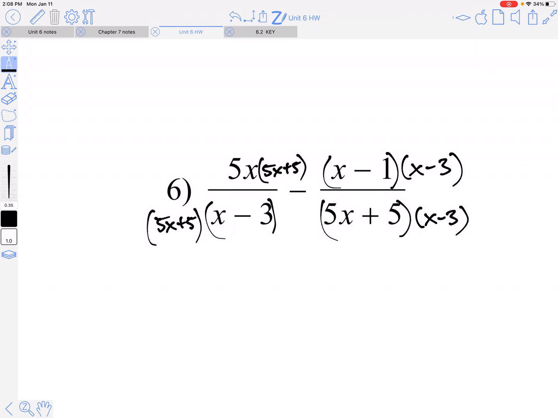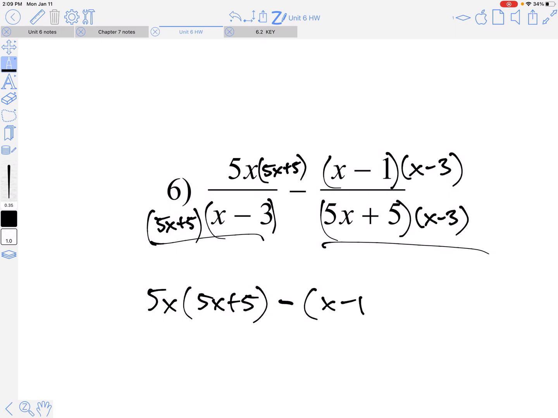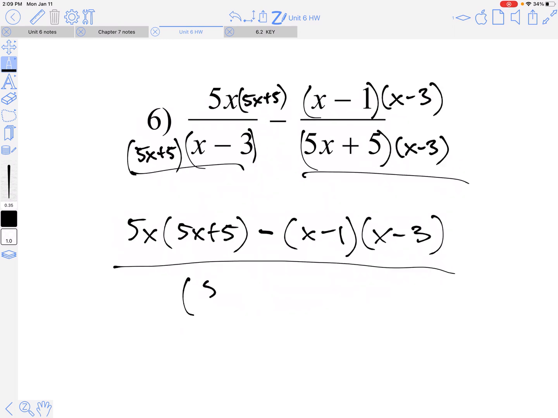Okay, so notice my denominator is the exact same, so I'm good to go now. Now I can combine my numerators, and I'm going to have to be careful because it's negative. Remember, we have to distribute it to all parts. And then on the bottom, I'm going to have 5x plus 5 times x minus 3.